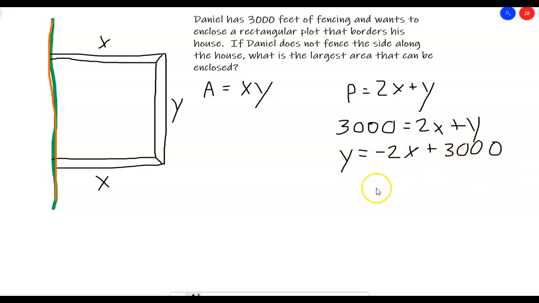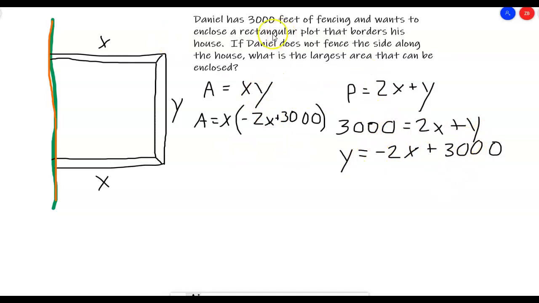Now that I have this equation solved for y, I can substitute it back in for this y. That gives me A is equal to x times negative 2x plus 3,000. All I did here was replace y with what I had from the perimeter.